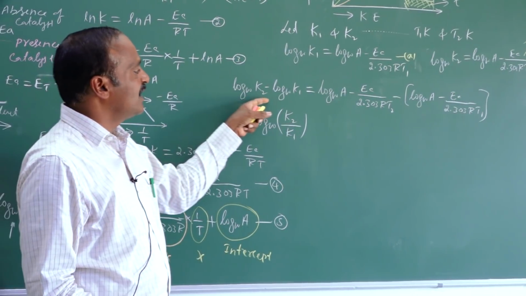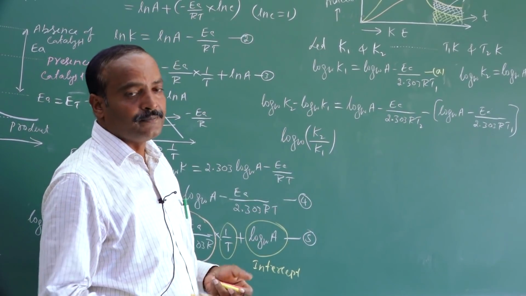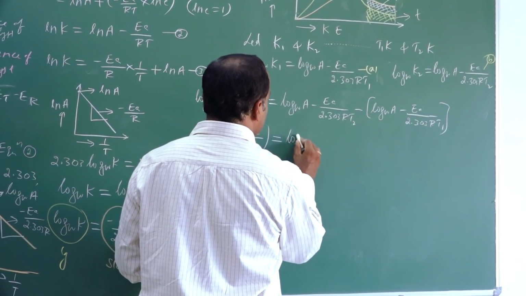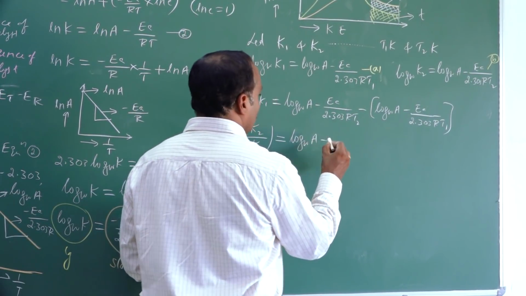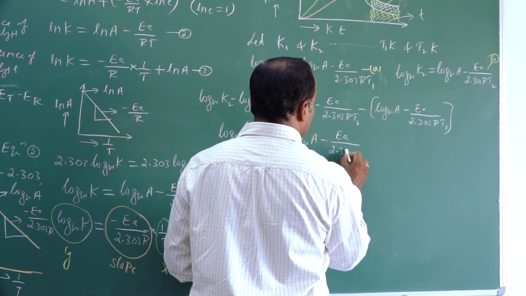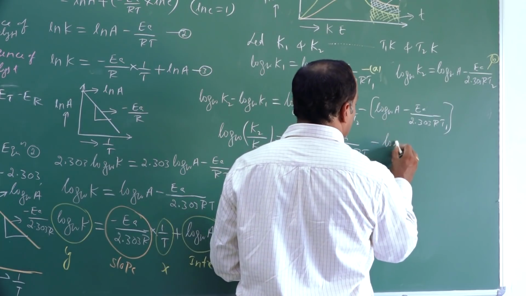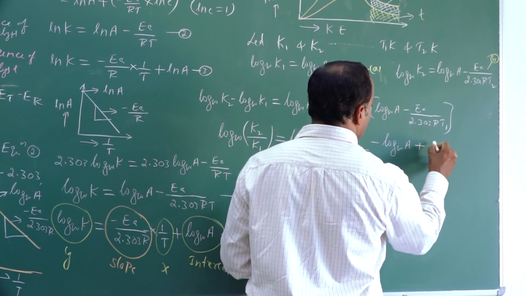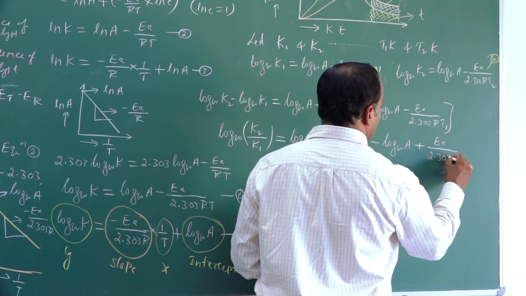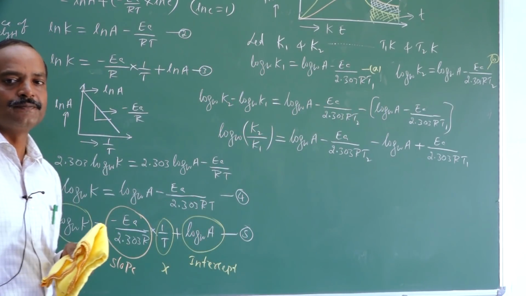Log M minus log N is log M by N. So it is equal to log base 10 A minus Ea divided by 2.303 R T2, minus log base 10 A plus Ea divided by 2.303 R T1. Is it clear?